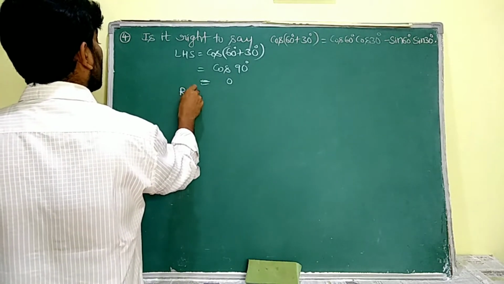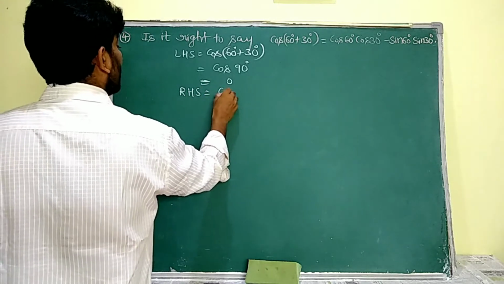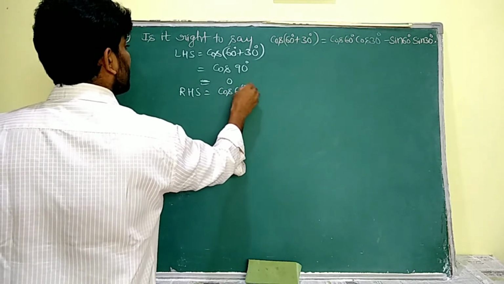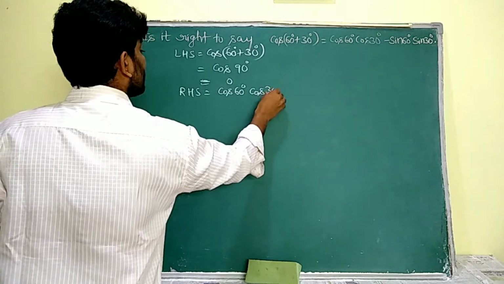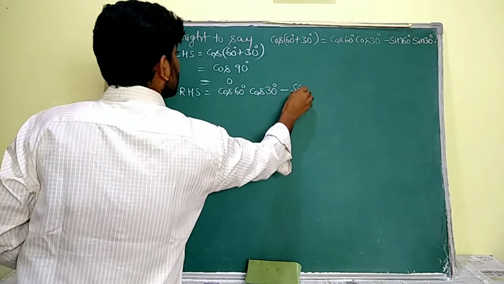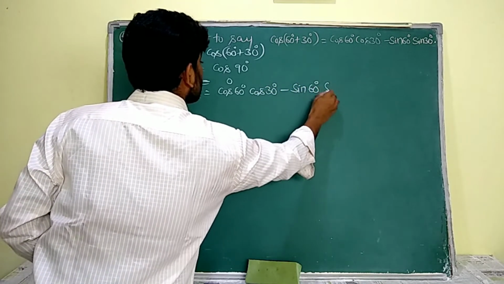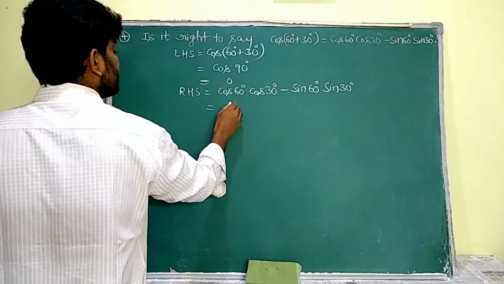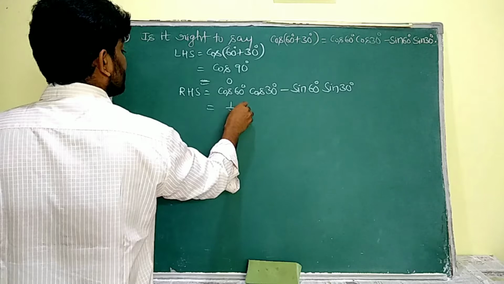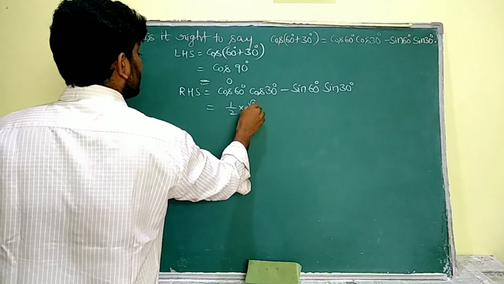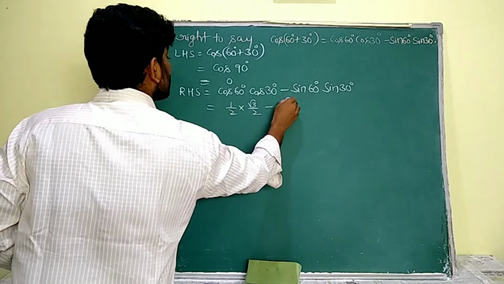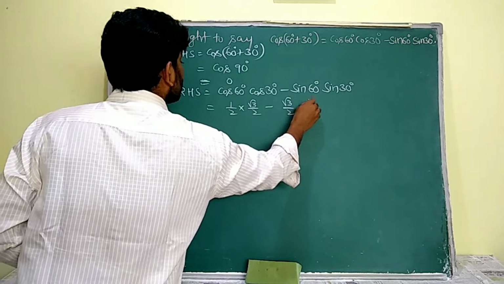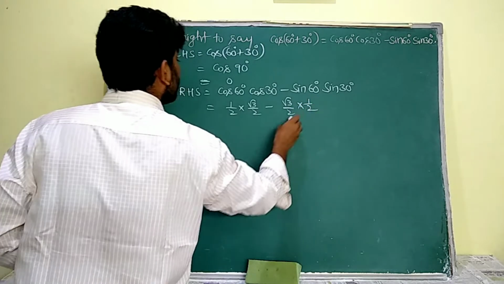Now coming to the RHS value. RHS value is nothing but cos 60 degrees cos 30 degree minus sin 60 degree sin 30 degree. Cos 60 is 1 by 2, and cos 30 is root 3 by 2. Sin 60 is root 3 by 2. Sin 30 is 1 by 2.